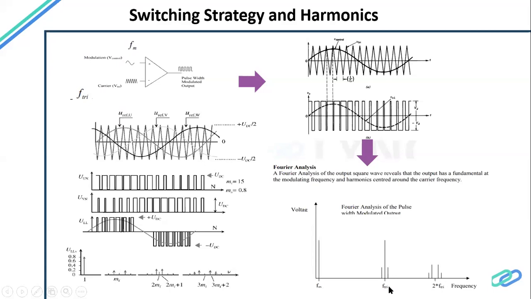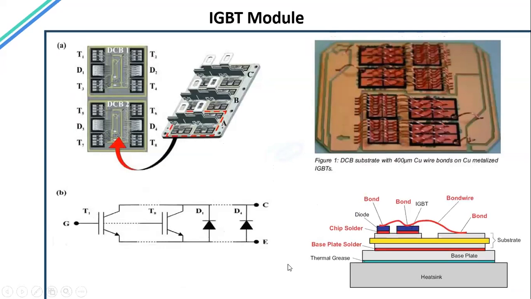Those frequencies, we have to see whether they are eliminated, or not seen by the machine, or filtered when they enter. A machine may also filter because it has a big inductance, right? So it may filter some of the harmonics. So it's again a study together. Also, we have to make sure there are no low order harmonics, which are again detrimental in nature. Those also we have to see when we do an FFT on the output of the inverter, or the strategy that we have implemented for the switching.